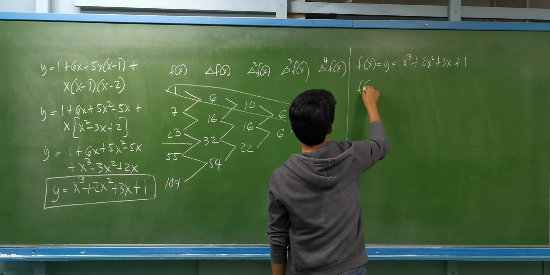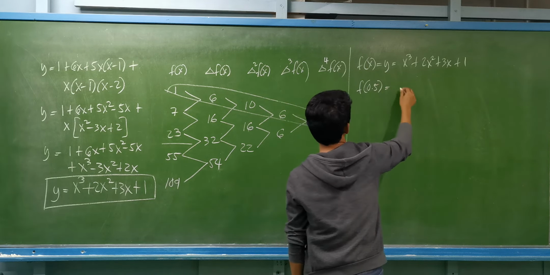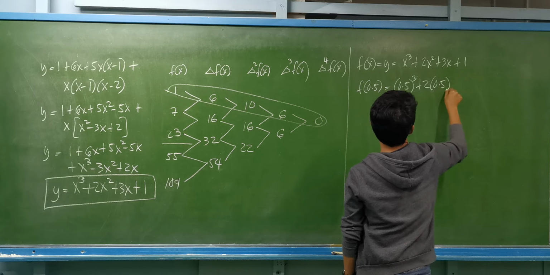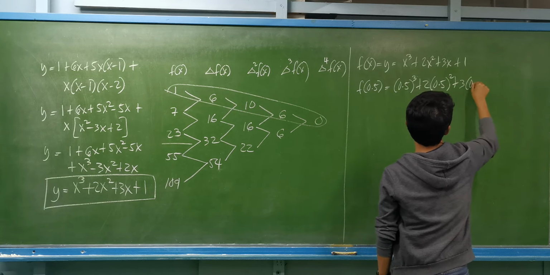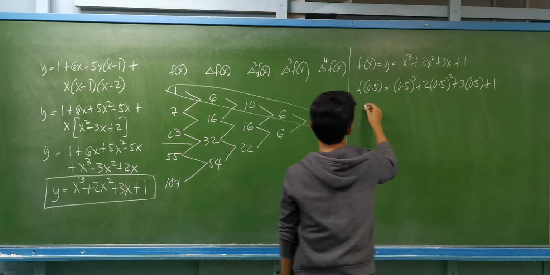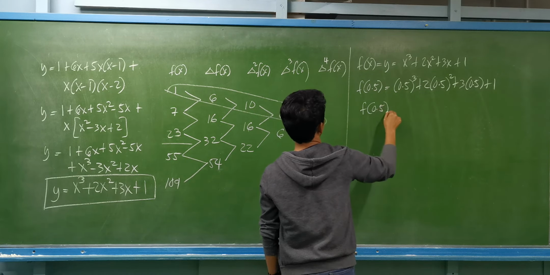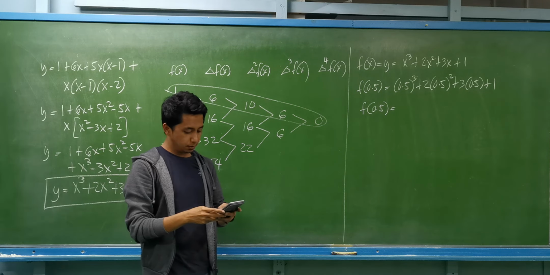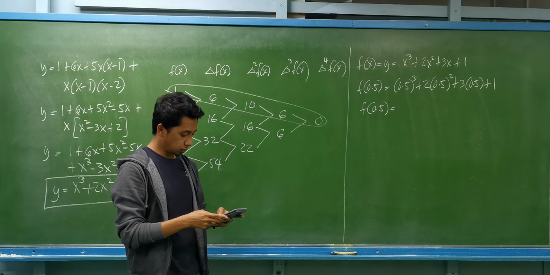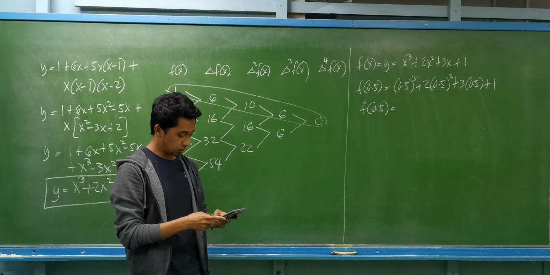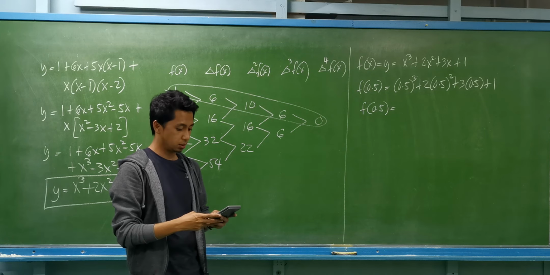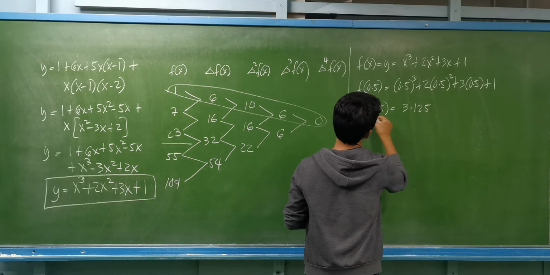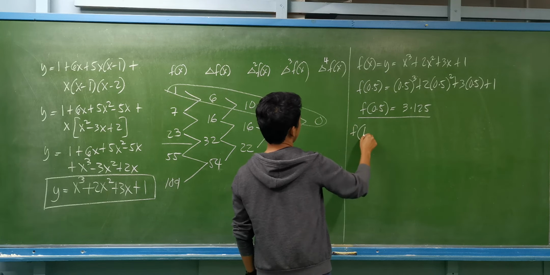So let's have the equivalent of f of 0.5. That is 0.5 cubed plus 2 times 0.5 squared plus 3 times 0.5 plus 1. So we have the value equal to 3.125.